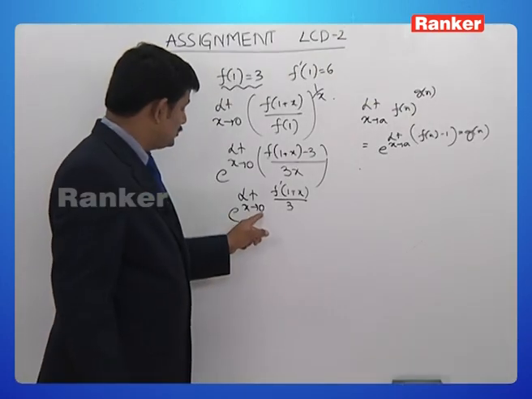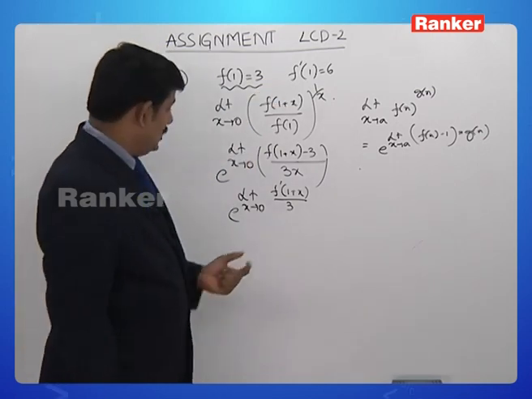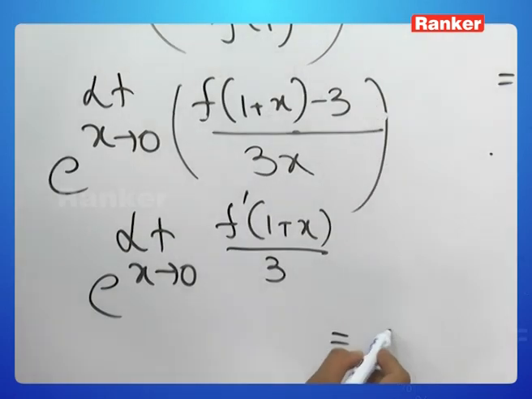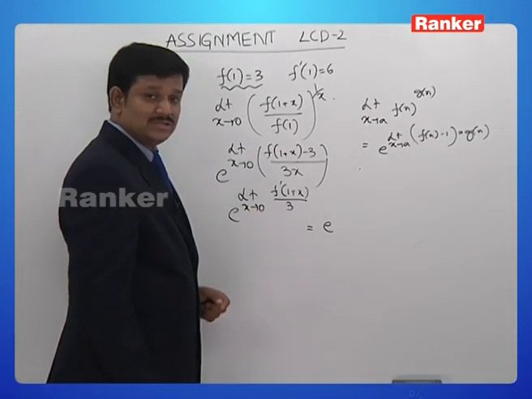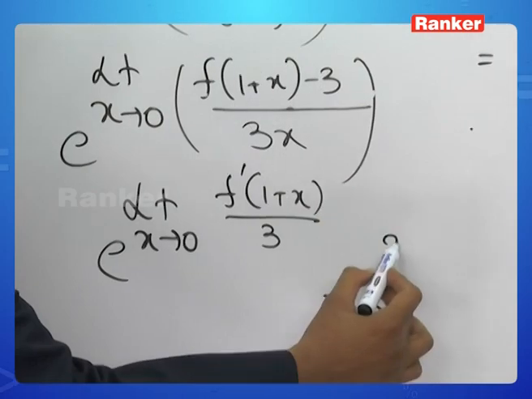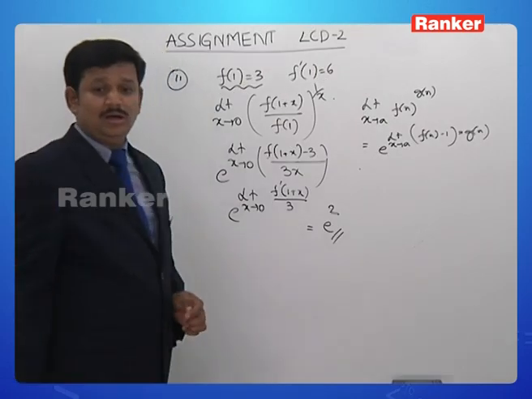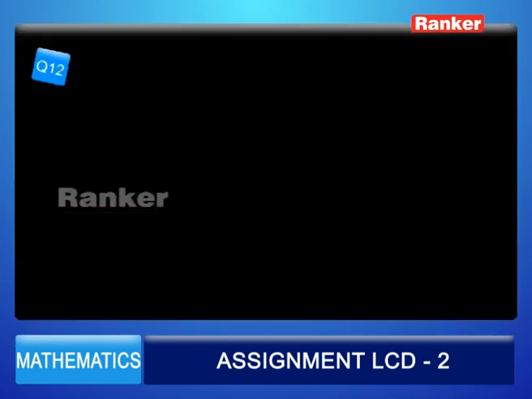As x tends to 0, f dash of 1 is given to be 6. So, this limit will be e power 6 by 3, which is 2. Our answer will be e square, and the option is C. Next question.